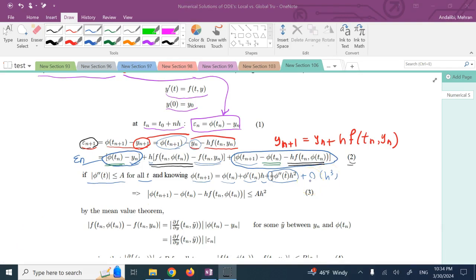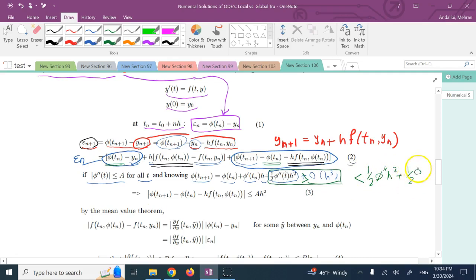Now, knowing that the magnitude of these terms drops as they go forward, the magnitude of this one here is less than that. So I can say that the magnitude of both of these together is less than what? Less than 1/2 of phi double prime h squared plus another 1/2 phi double prime h squared, right?